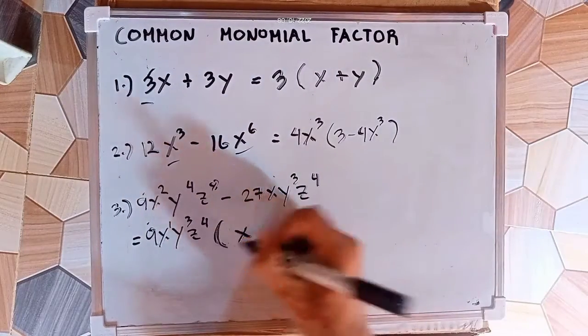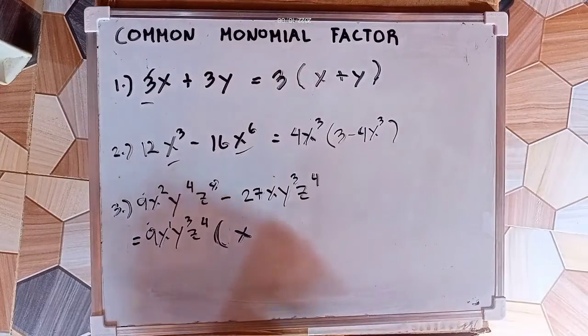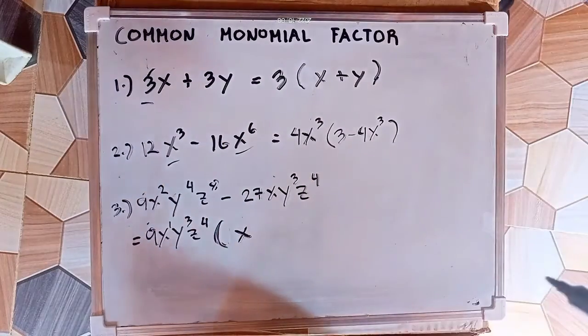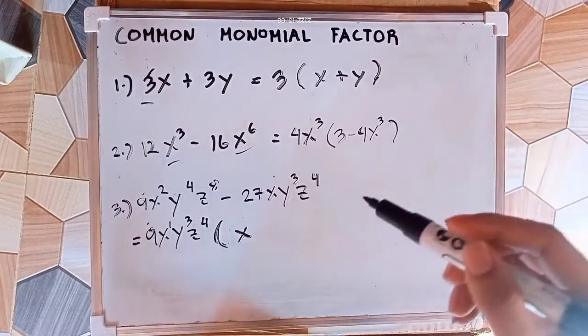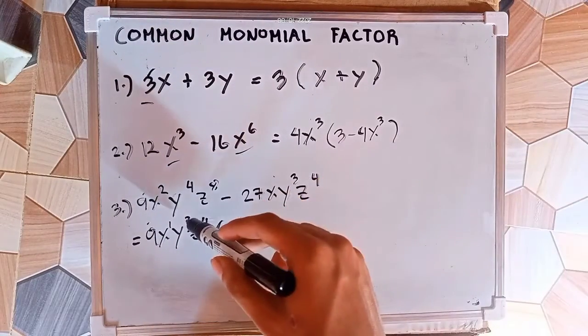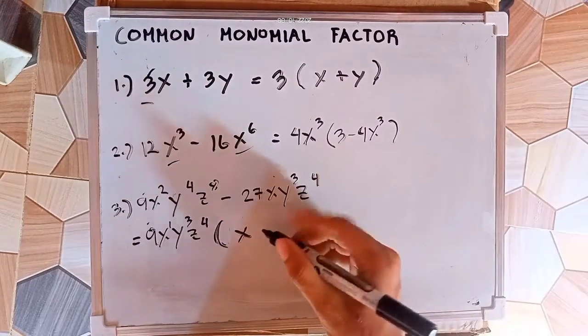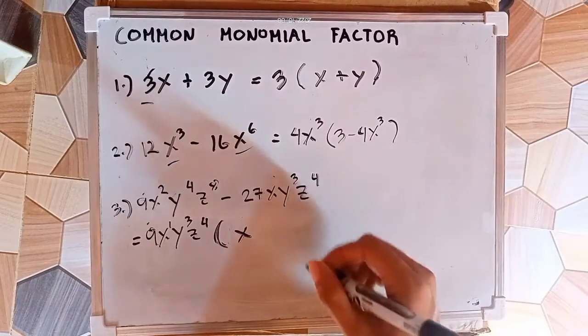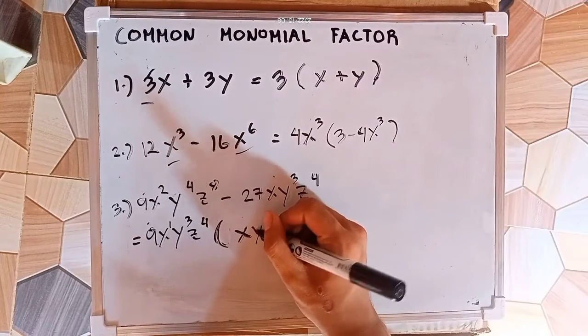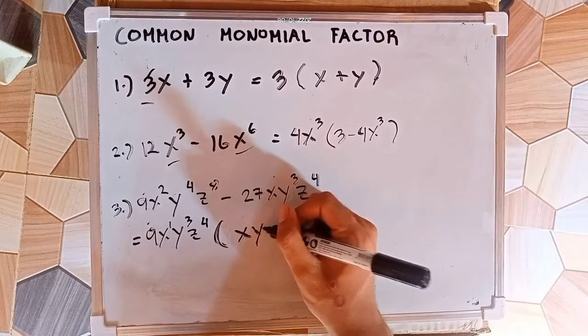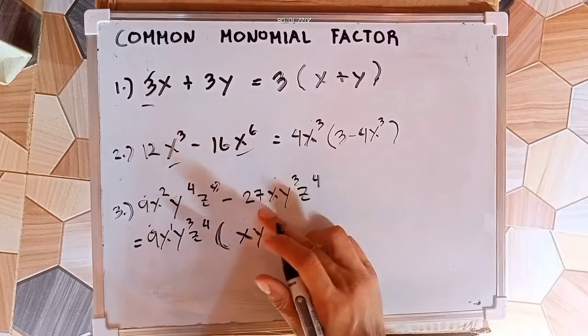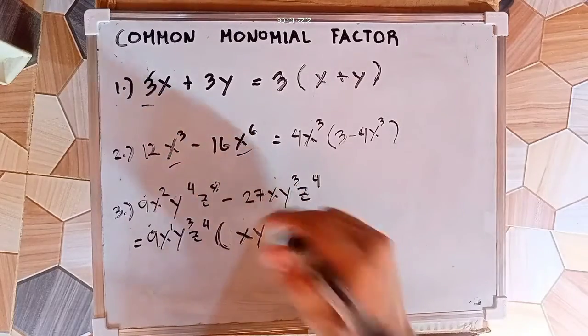So just simply x. Next, the y variable. Our y variable, 4 minus 3, that will give us y to the power of 1. No need to write the 1 here because it is an invisible 1.